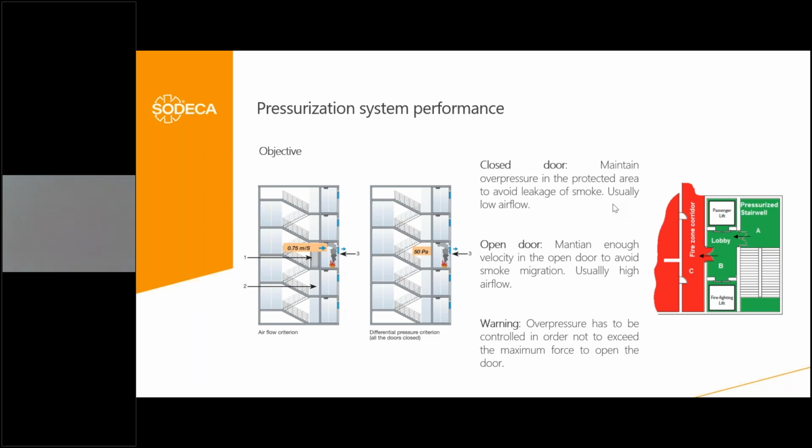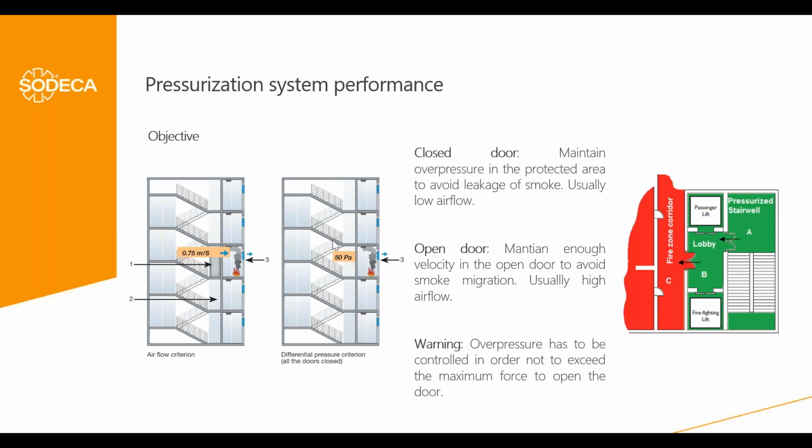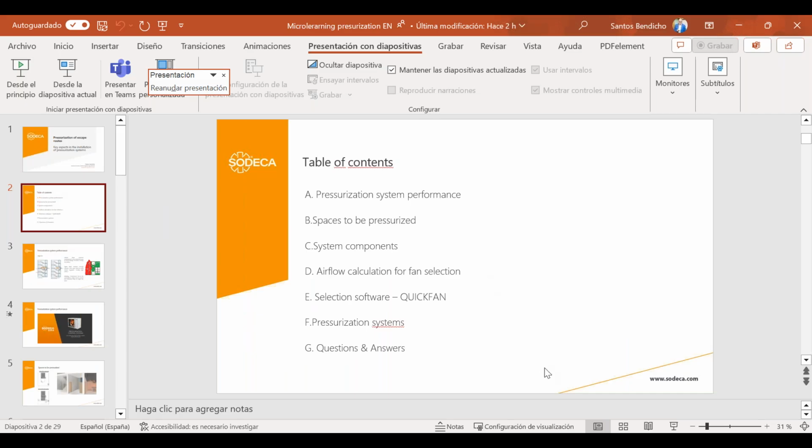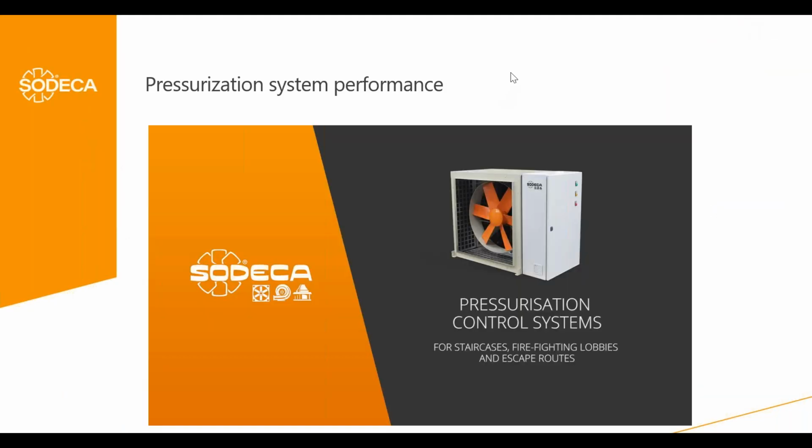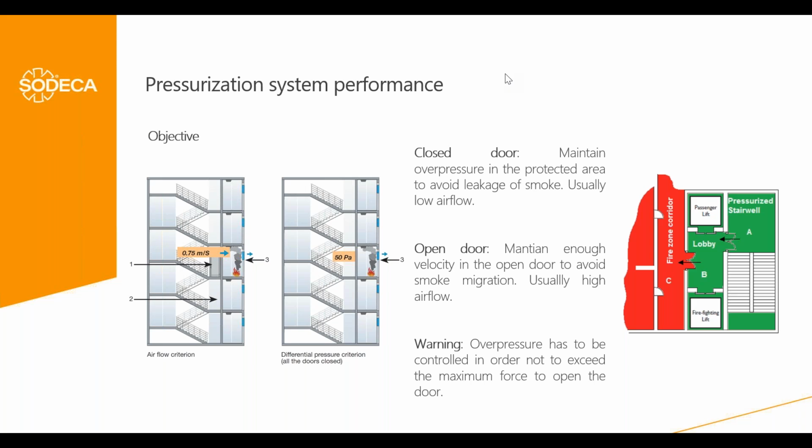So by blowing air into the pressurized space, what we call the protected space, in green on the right, in order that the air leaks to the unprotected space in red through the gaps between the staircases and the protected area.